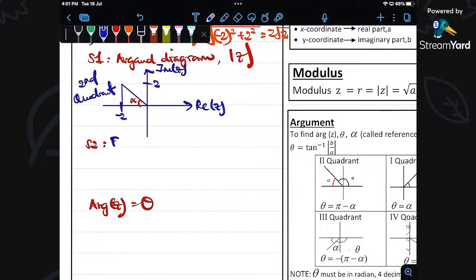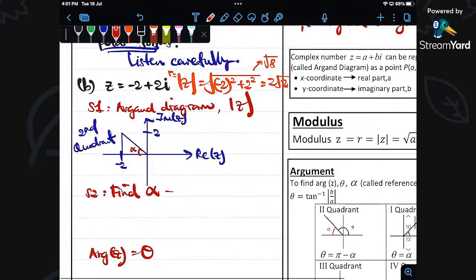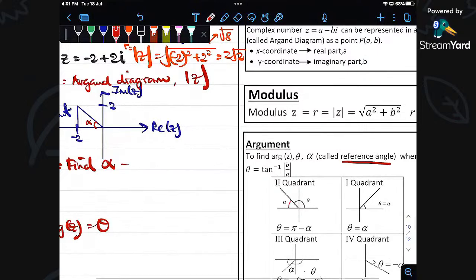Sebab alpha adalah starting point dia dulu. Kita panggil dia complement angle kot. It's so called ni reference angle. See? Alpha means the reference angle sahaja.